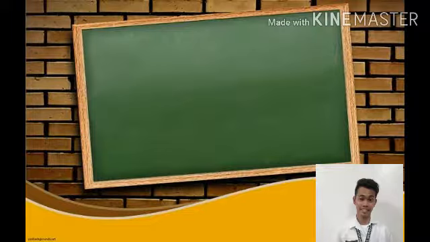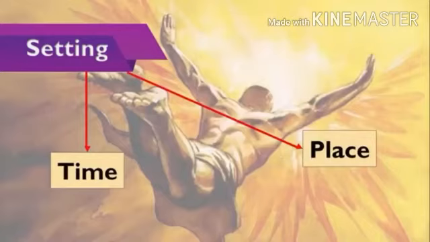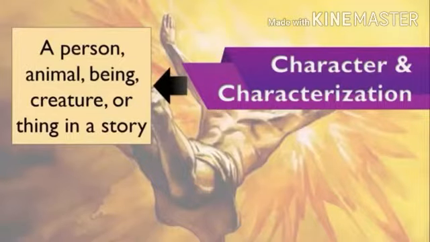After we have discussed the 5 parts of a plot diagram, let's now proceed to discuss what is a setting. A setting is when or where the story happened. Next is character.